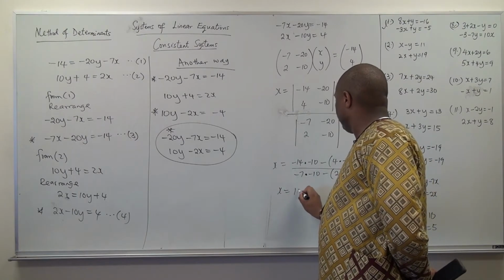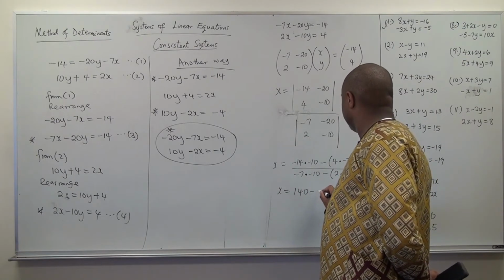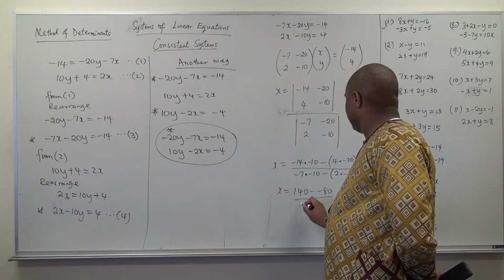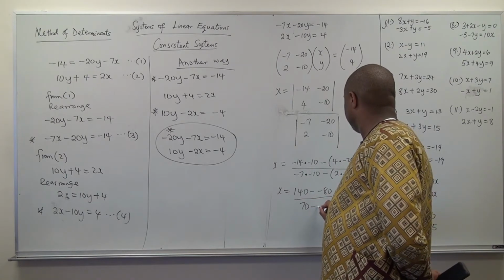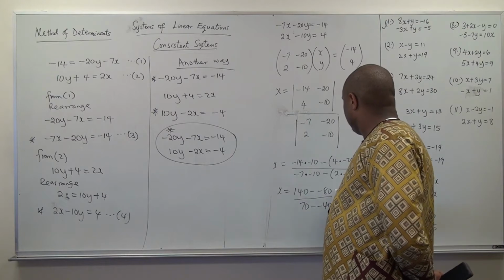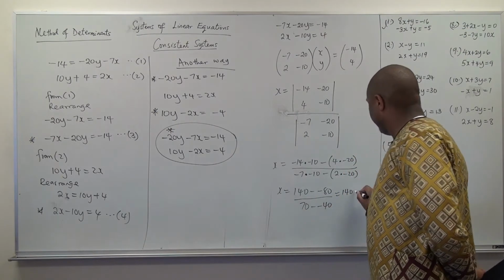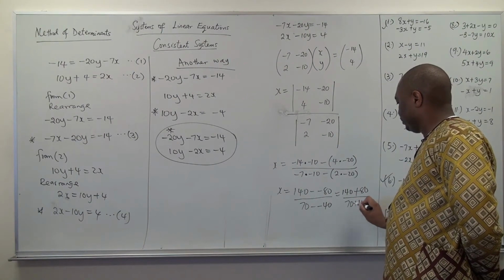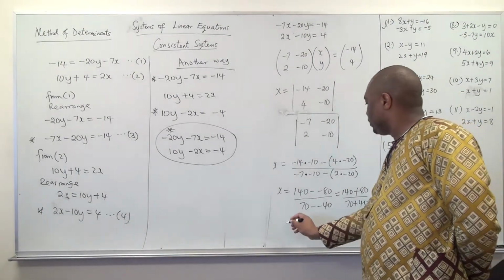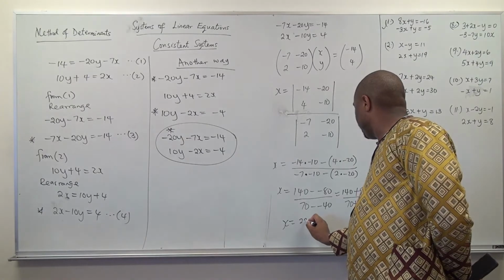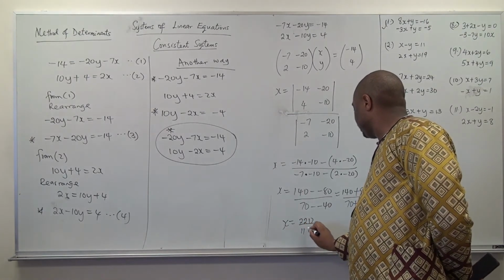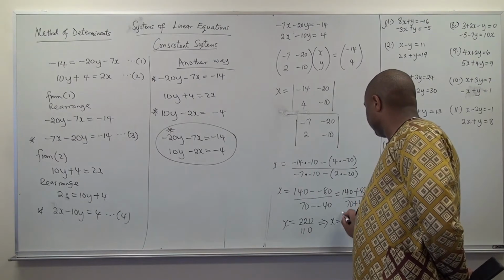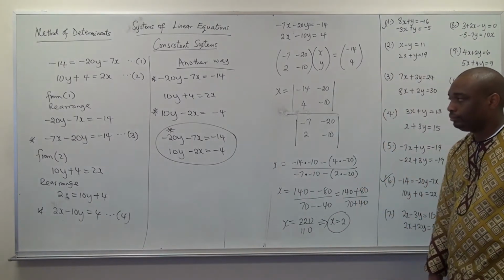So x will now be 140 minus negative 80 over 70 minus negative 40, which is 140 plus 80 over 70 plus 40, right? So our x will now be 220 over 110. And that implies that x is 2. Our x is 2.